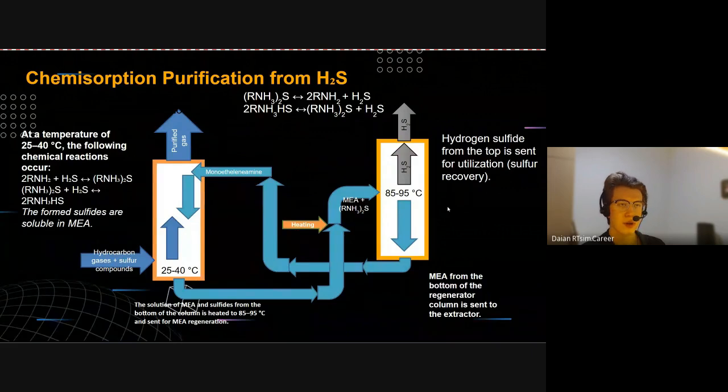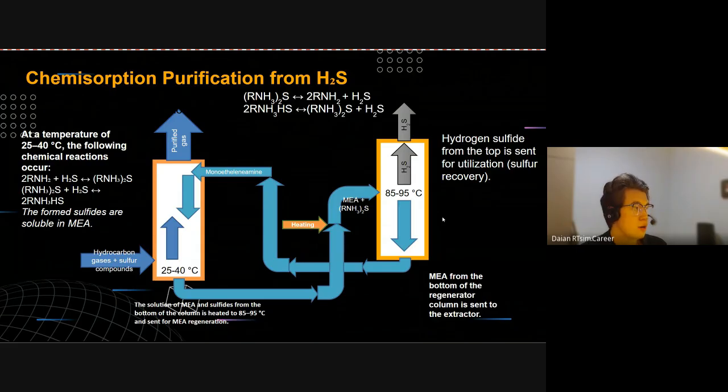We use monoethylamine for cleaning, and you have two flows of monoethylamine: used from the top, or regenerated after the regenerator.